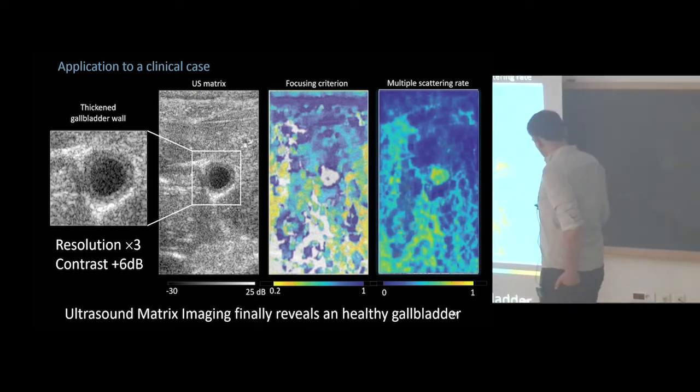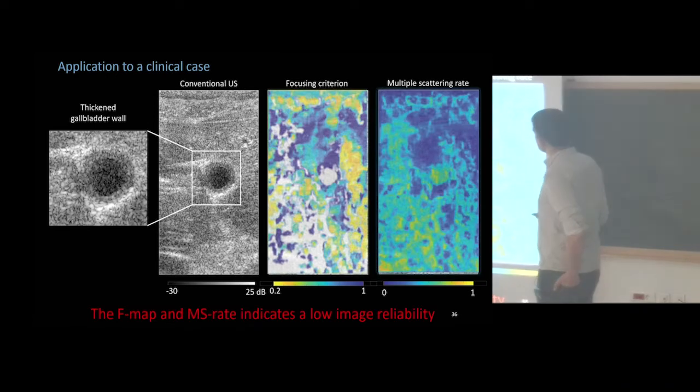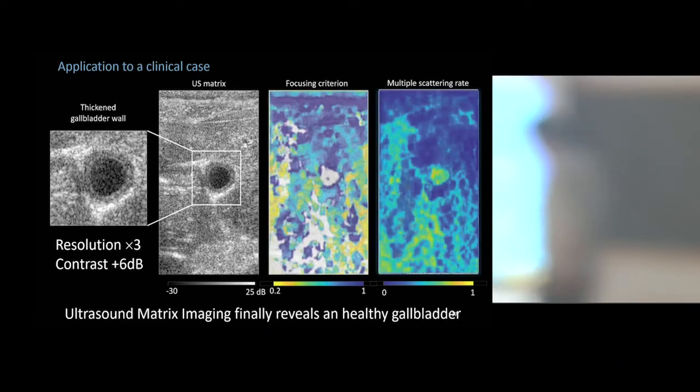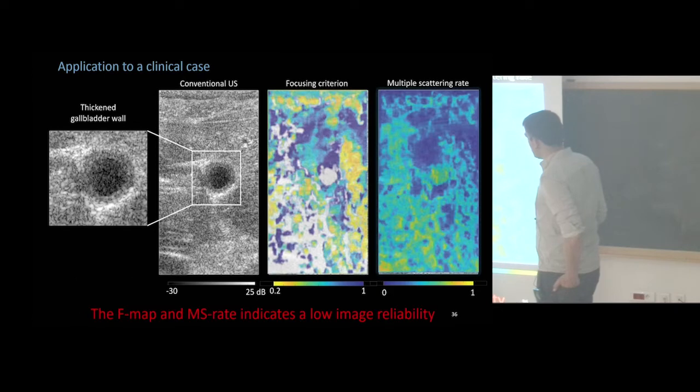And if you look at the focusing criterion and the multiple scattering rate, you see that now your image is drastically improved at small depth, and also in some parts at large depth. That was not at all the case before.